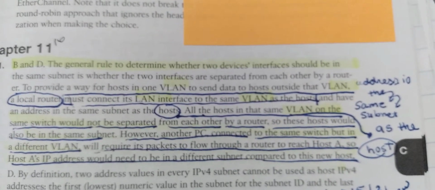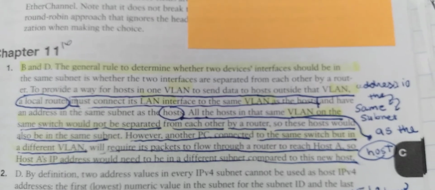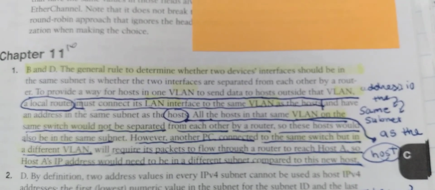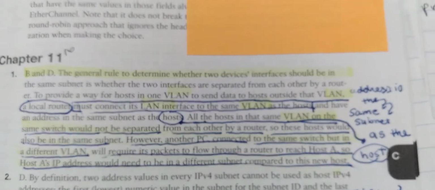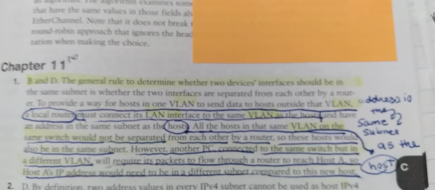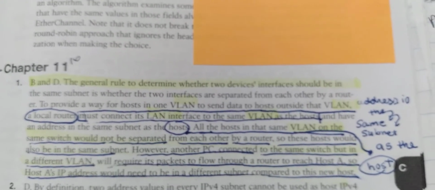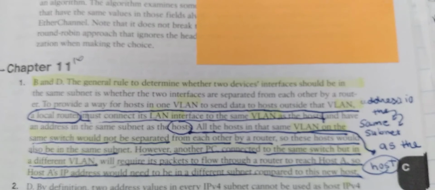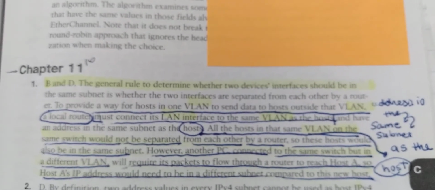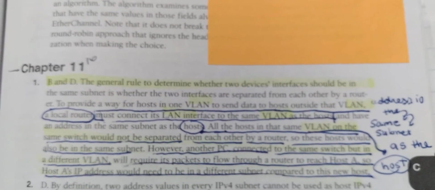All the hosts in the same VLAN on the same switch would not be separated from each other by a router. So these hosts would also be in the same subnet.